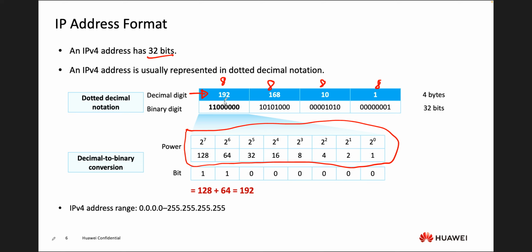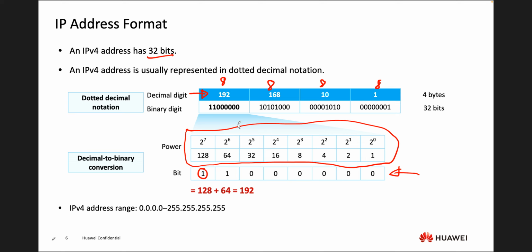So if you need to work out 192.168.10.1, you basically use this table, and at the bottom you would create a blank table like this, and then you would ask, if you add 128, is it less than 192? Yes, and then that becomes a 1. So 128 is part of your calculation for the conversion. 128 plus 64 gives you 192.